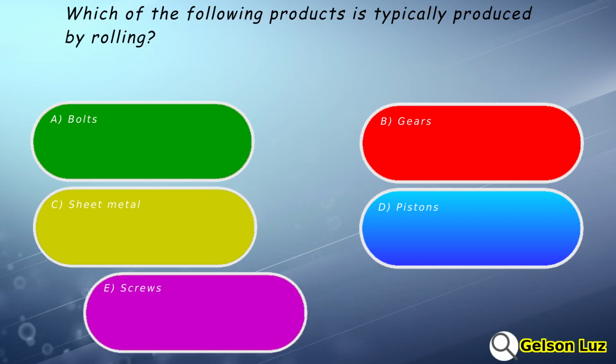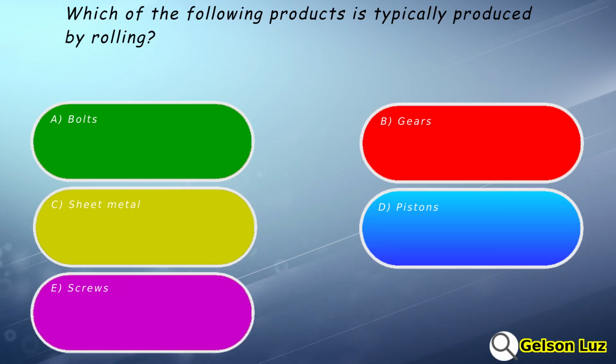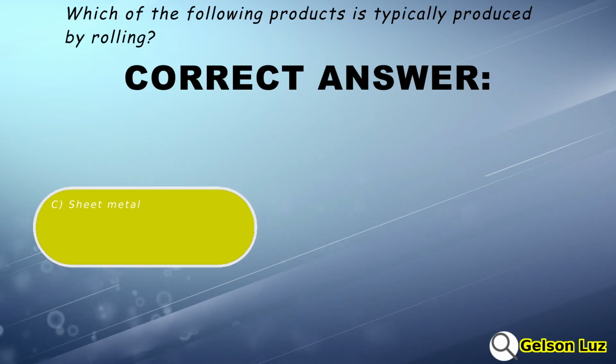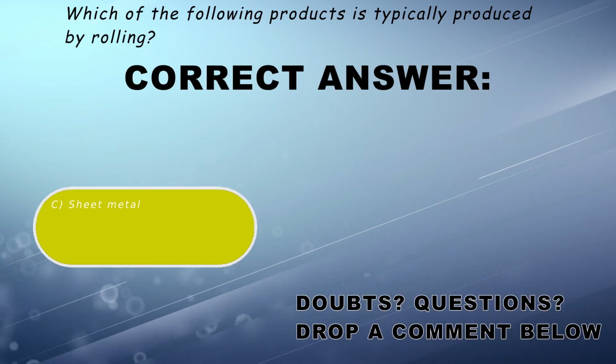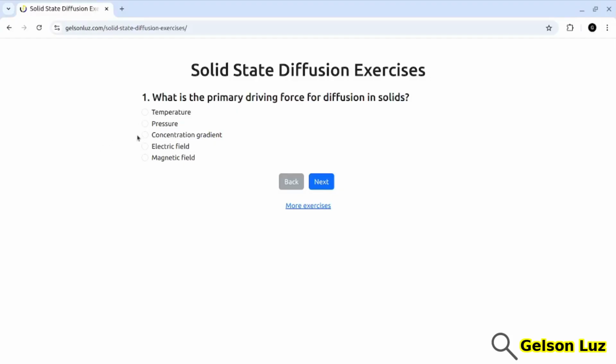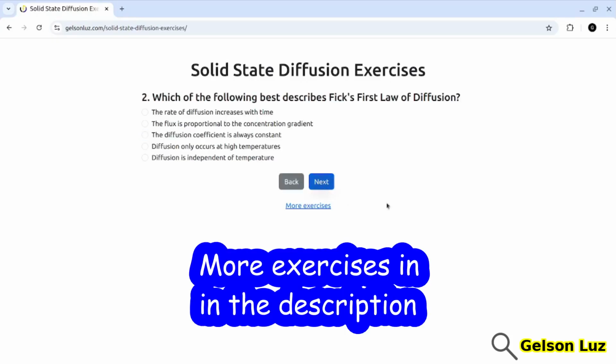E. Screws. The correct answer is C. Sheet metal.